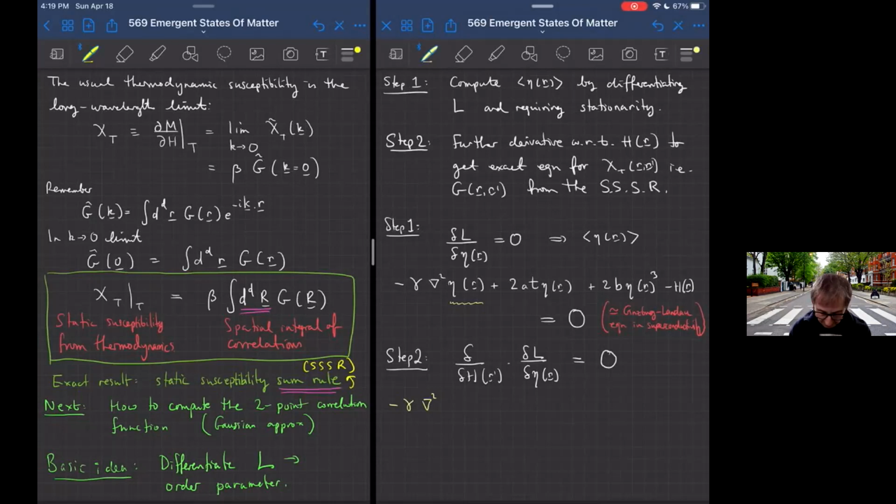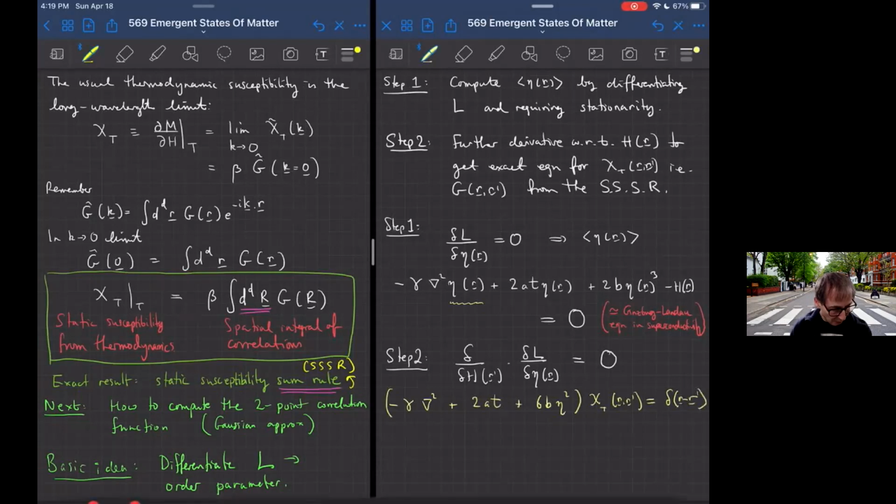So let's write this down as minus gamma del squared plus 2at plus 6b eta squared times chi of r minus r prime, and then that equals dh of r by dh of r prime, and that is equal to delta of r minus r prime.